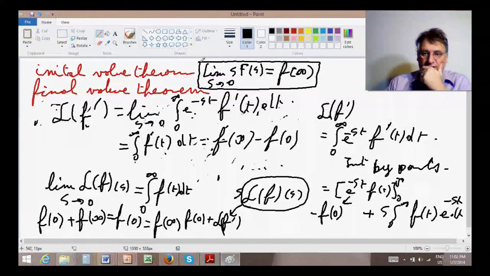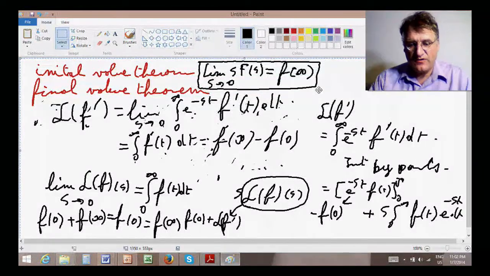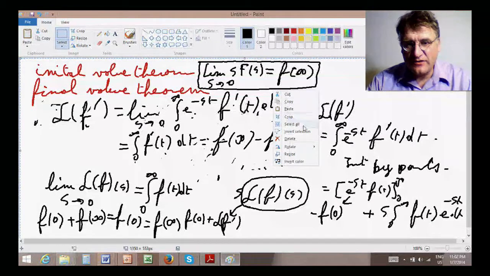Now, we can likewise try and see what happens when we let s go to infinity, or we let t here go down to 0. Okay? So we'll remember this theorem here, and we're just going to erase everything because it's getting a little busy here.